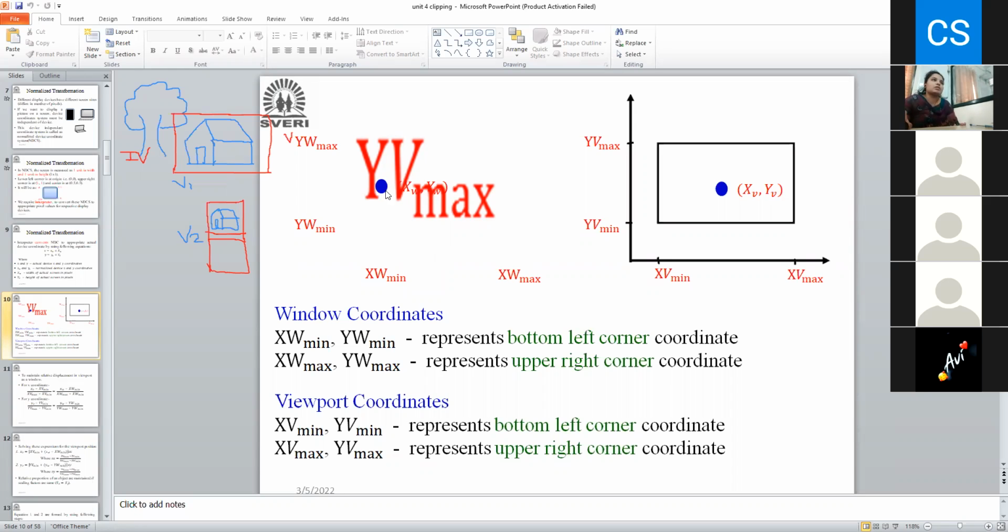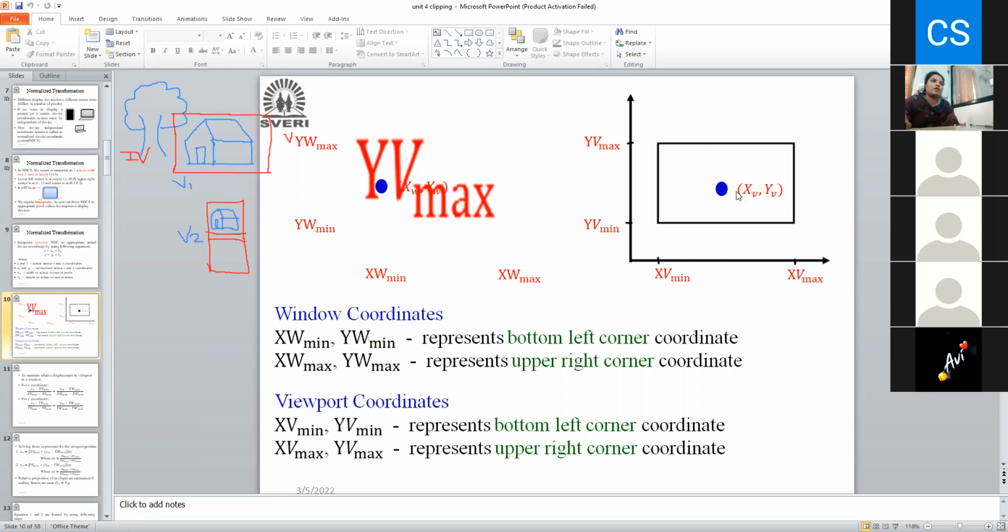So consider this particular dot that I am going to display on my screen. This dot has the world coordinate xw, yw. W stands for window and V stands for viewport.